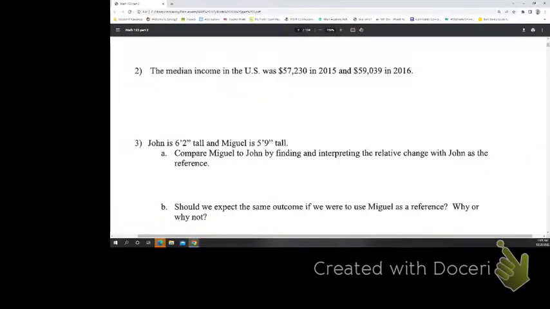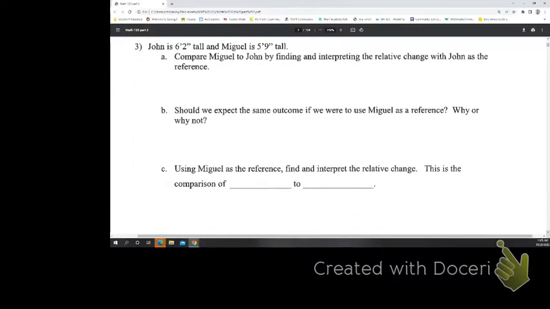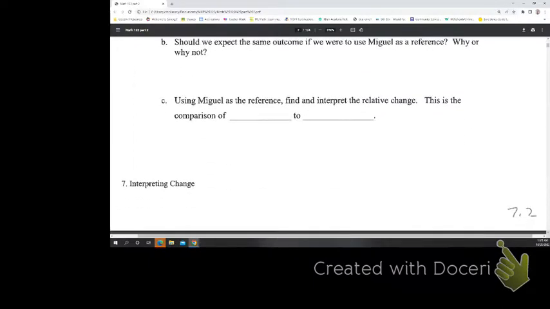And then that's what we're asked to do in the next part here. So now we're comparing the difference to Miguel. Or honestly I'm not sure if they're looking for me to say John to Miguel or the difference to Miguel, but the reason I choose to use the word difference here instead of John is because I don't want you to think you're supposed to do John divided by Miguel, right?